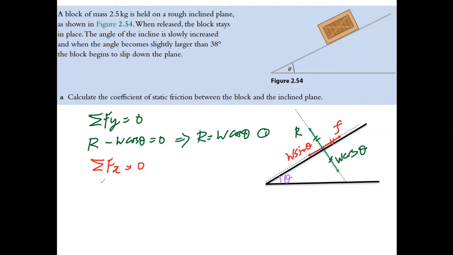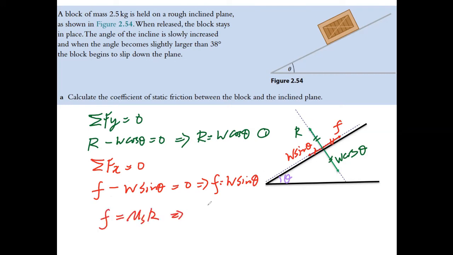Because the block is about to slip, the net force in the x component is also 0, which means the friction force minus W sine theta equals 0. That gives us friction equals W sine theta. Because the block is about to slip, the frictional force is the maximum possible static frictional force, and the coefficient of static friction equals the friction force over R. We plug in the values.